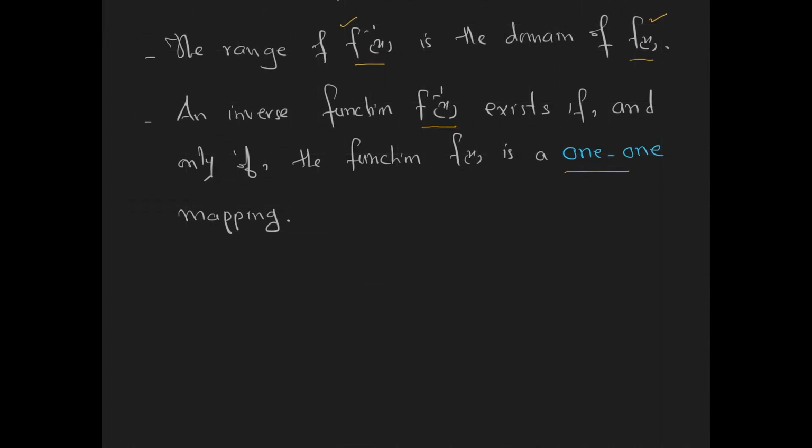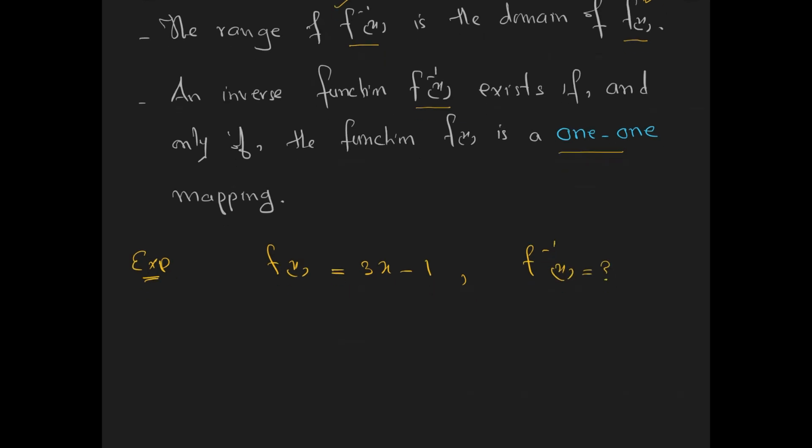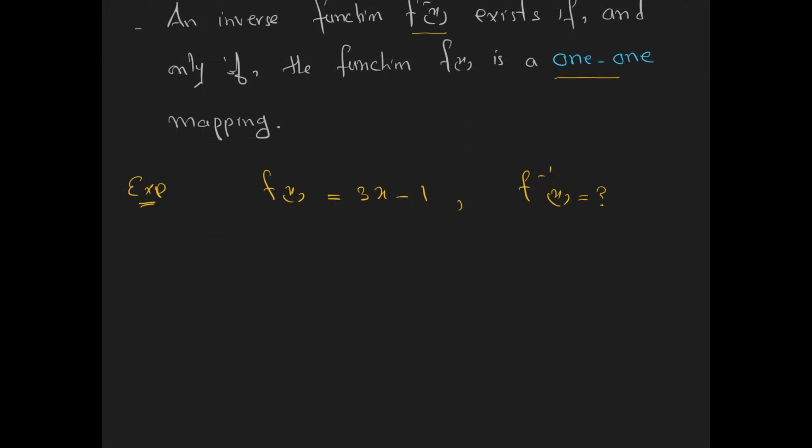Let us take an example and see how we can find the inverse of a function step by step. If a function f(x) is equal to 3x minus 1 and we are asked to work out the inverse of this function, we have to follow the following steps.